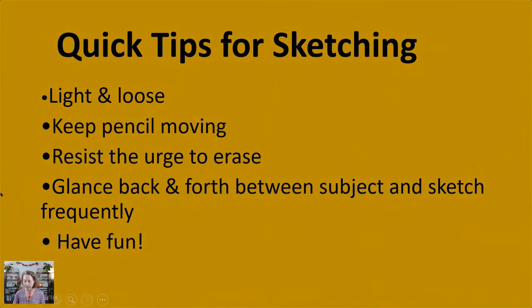Now we're going to talk a little bit about how to sketch, especially sketching quickly in the field, and then we're going to practice sketching some bunnies. Bunnies that kind of look like the Easter rabbit.